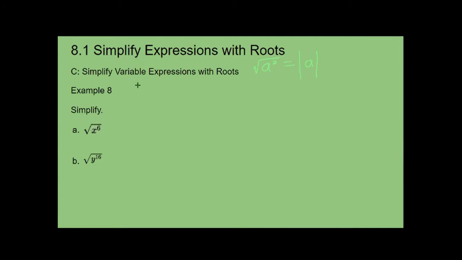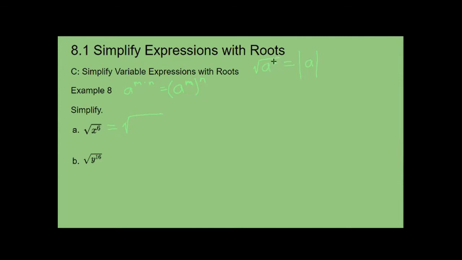So what we're going to do is use that power principle in order to get a square. Remember, we have a to the m times n is equal to a to the m, to the n power. So we're going to say that the square root of x to the 6 is equal to an equal expression, but we want a square in there.